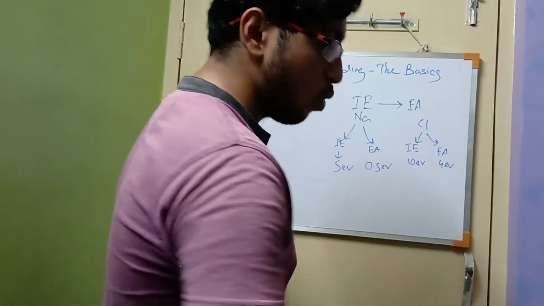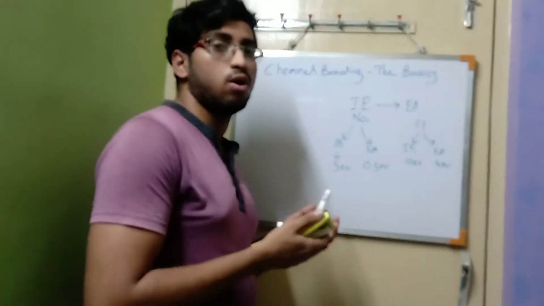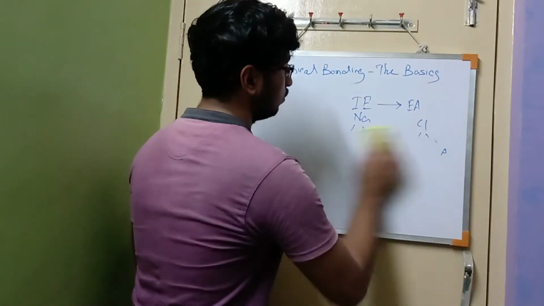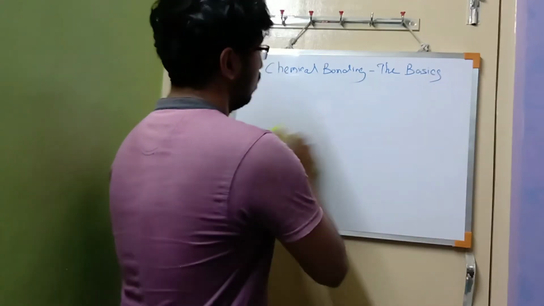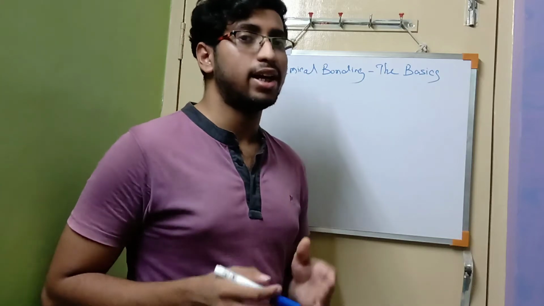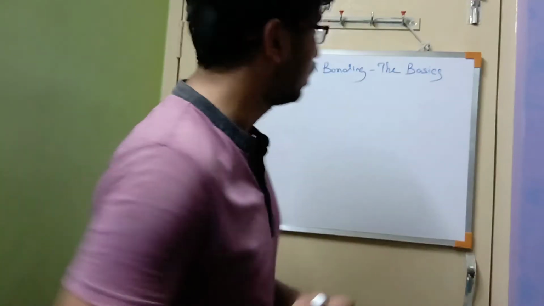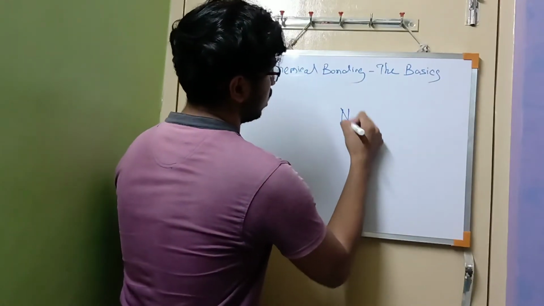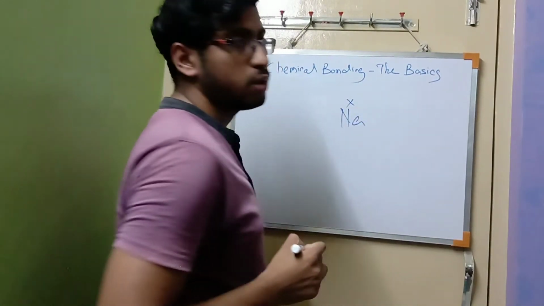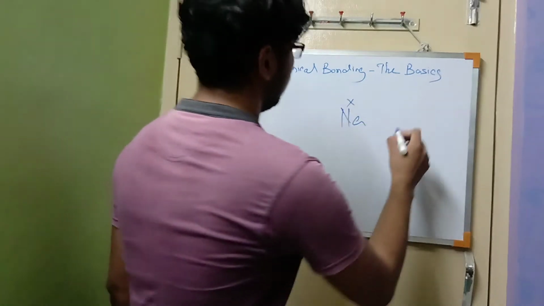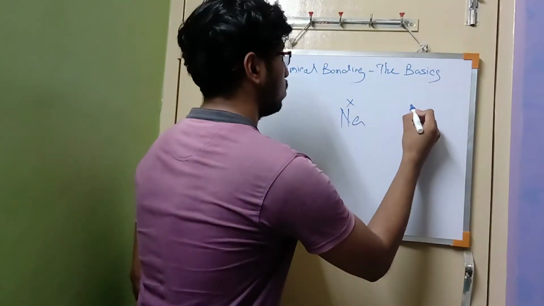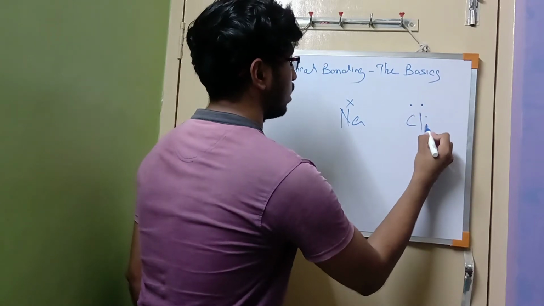So now you have to know the general structure, how to draw a Lewis structure for ionic bond. Basically, during the formation of a Lewis structure, we only take the electrons of the outermost shell. Sodium contains 1 electron in the outermost shell, so we denote it by a cross sign, and chlorine contains 7 electrons in the outermost shell, so we denote them by a dot sign.